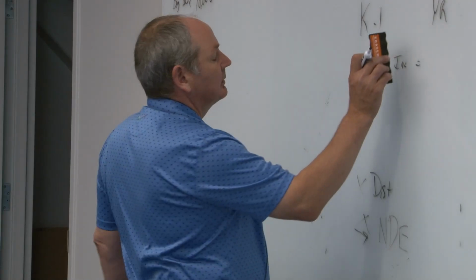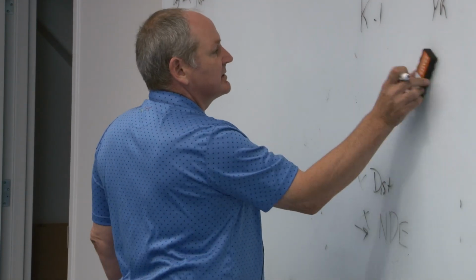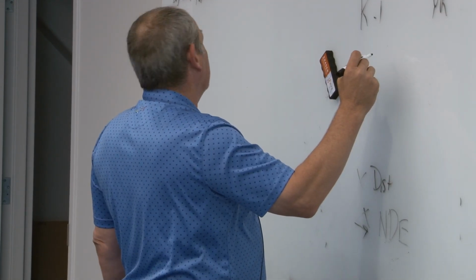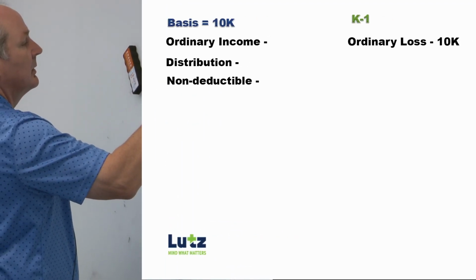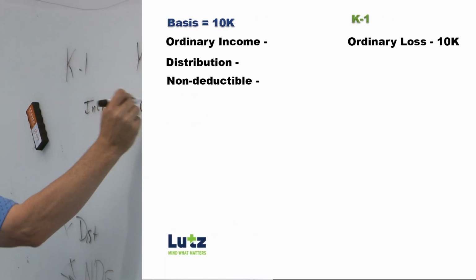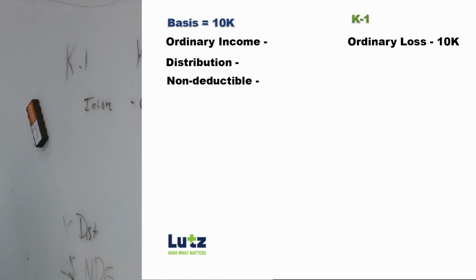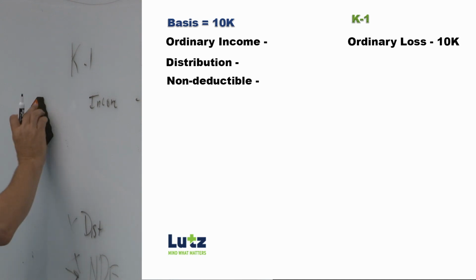Instead of ordinary income, let's see, I have income of 0. I have, oh no, hold on, excuse me.